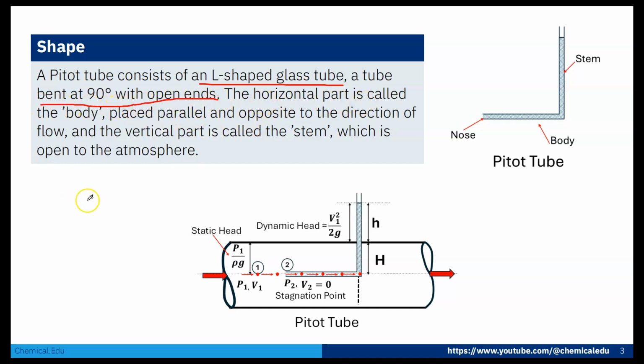The horizontal part is called the body and the vertical part is called the stem. The stem is open to the atmosphere, and this Pitot tube is placed at different positions of the pipe and channel. From there, based on the height difference, we can easily calculate the velocity.